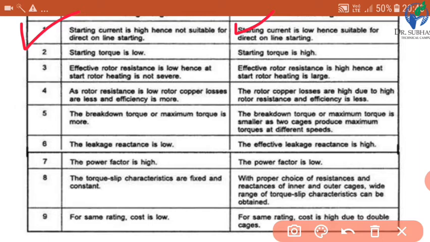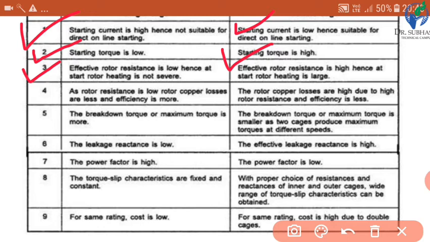The second point is that starting torque is low in the case of a single cage rotor. In the case of a double cage rotor, starting torque is high. So this is also an advantage. Next, the effective rotor resistance is low in a single cage rotor, so at start rotor heating is not severe.